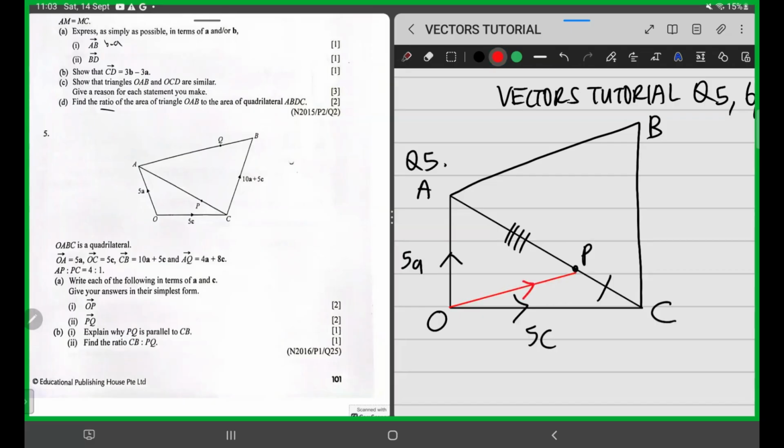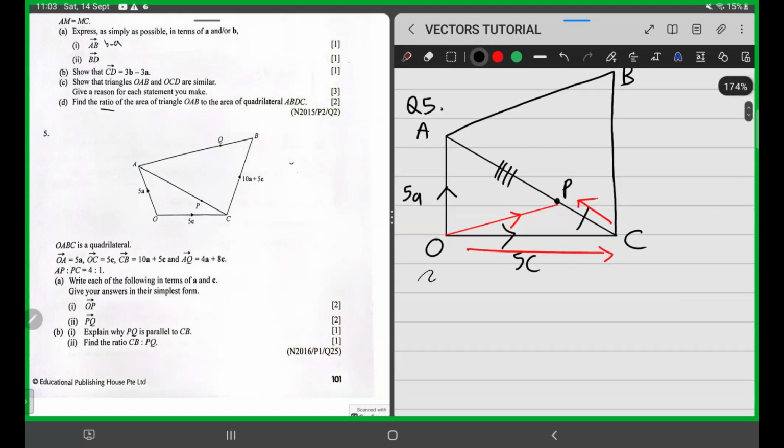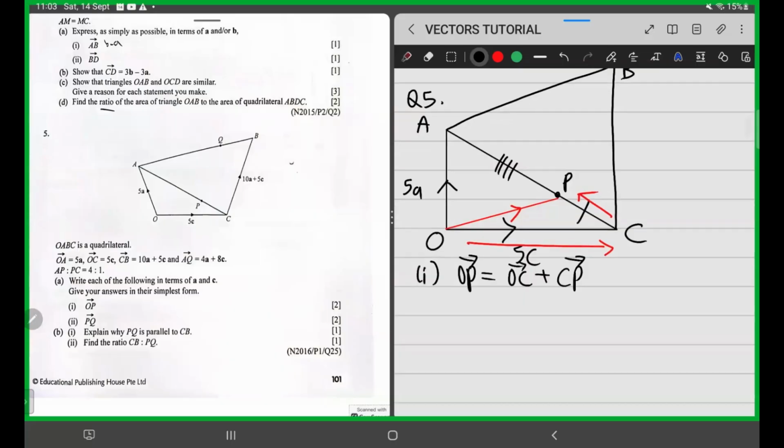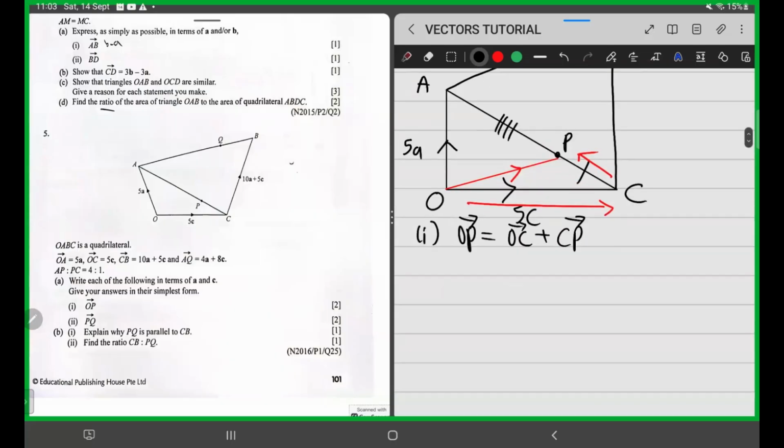So if you want to walk from O to P, you can walk from O to C, then C to P. So therefore, OP can be represented by OC plus CP, right? And we know that this is just the opposite of negative PC. So we need to find what's PC first.